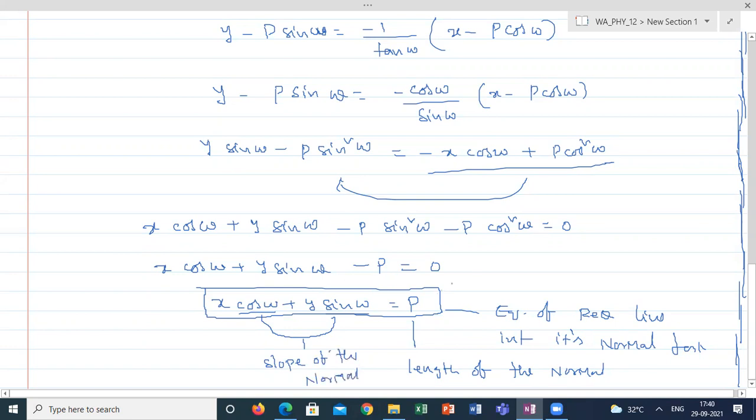This is the equation of a line which has a normal at p distance from origin and omega angle with respect to the x-axis. So whatever constants are available in this equation are related to its normal, so you can explain everything related to the normal based on the given equation. That's the reason this form is called normal form.